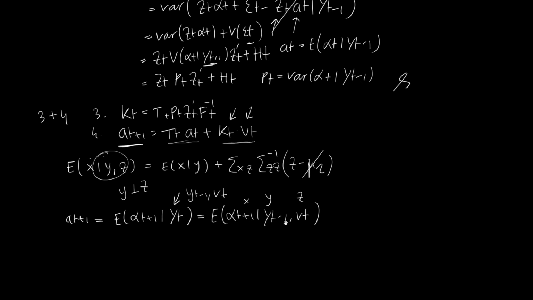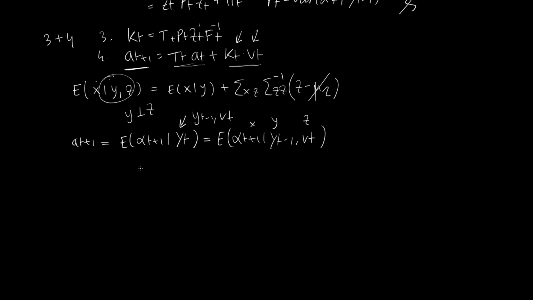To continue, we first need to find the sigma_xz, which is the covariance between alpha_{t+1} and V_t given Y_{t-1}.